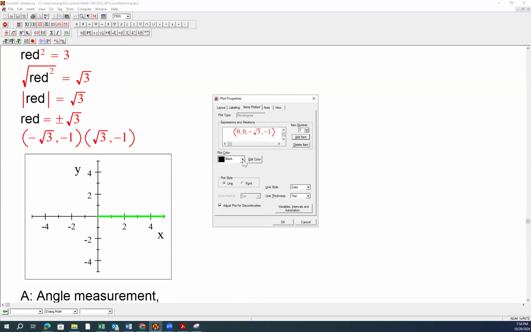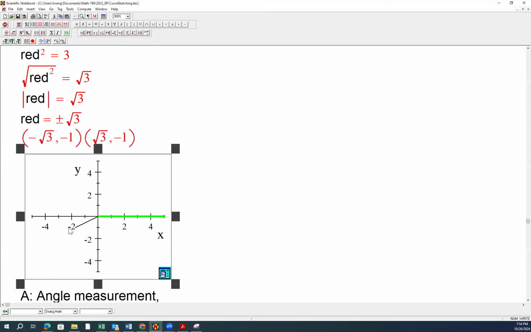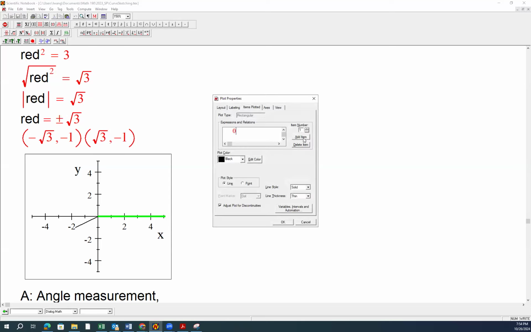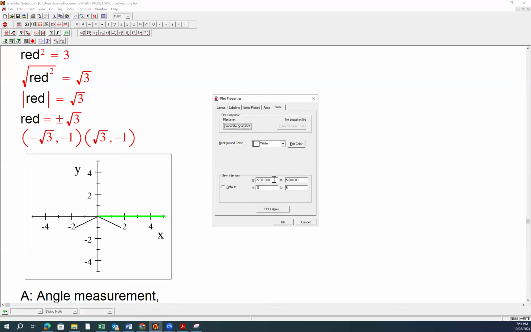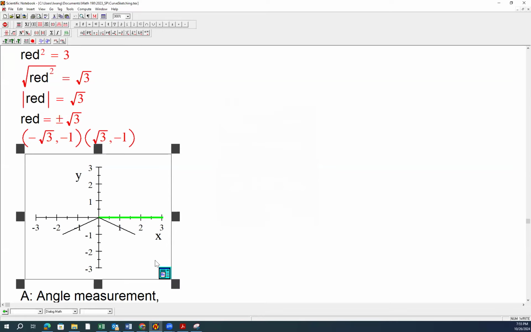And this other one will also give us another terminal. I'm going to change the scale a little bit, say -3, +3. So these are the 2 terminals.